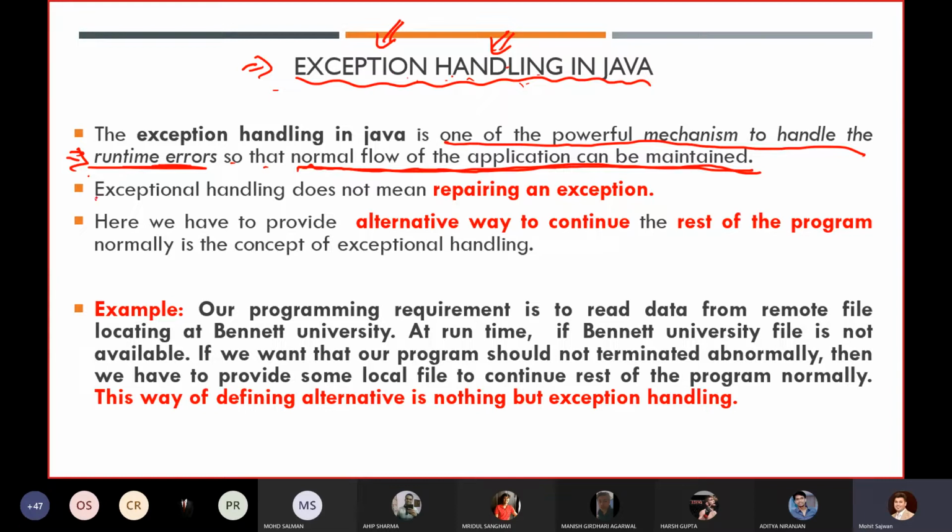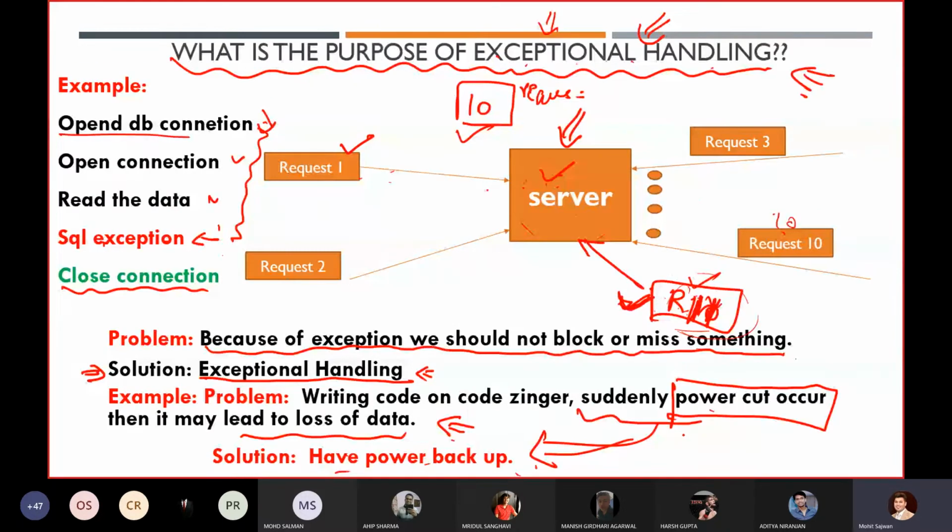Okay. So exception handling does not mean repairing an exception. Remember, you are not solving that issue. Basically, you are handling that issue. In this case, you are not fixing the power cut.